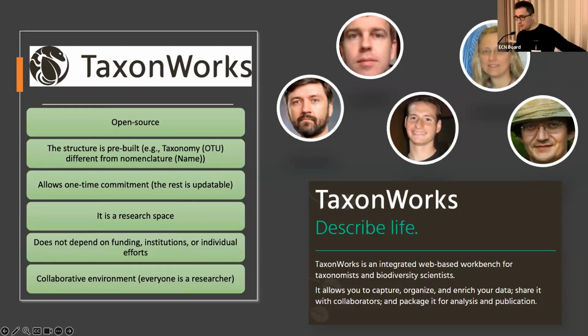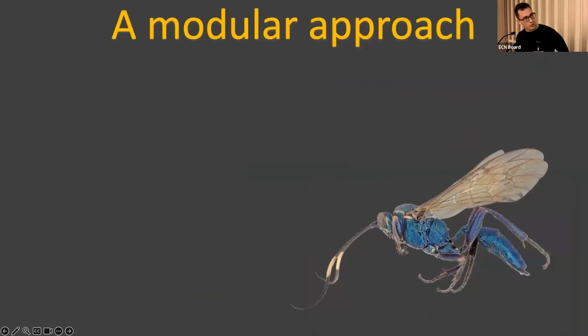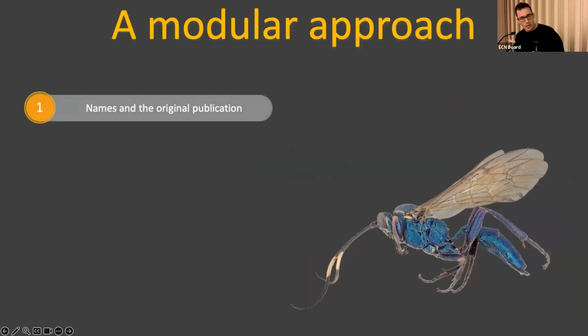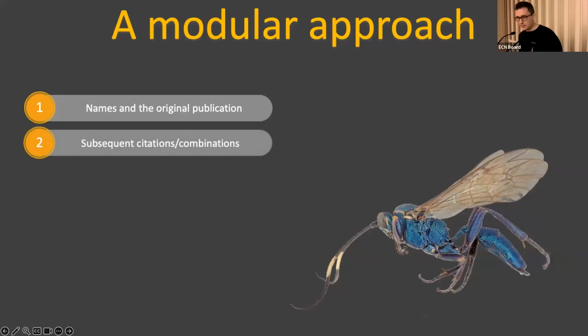So how can we handle those? We have now the platform, but how can we input efficiently the names into TaxonWorks and all the other information? Well, I came up with this sort of modular approach together with Filippo, and we asked the curator to include, first of all, the names and the original combination. After this, please include all the subsequent citation and synonym combinations.